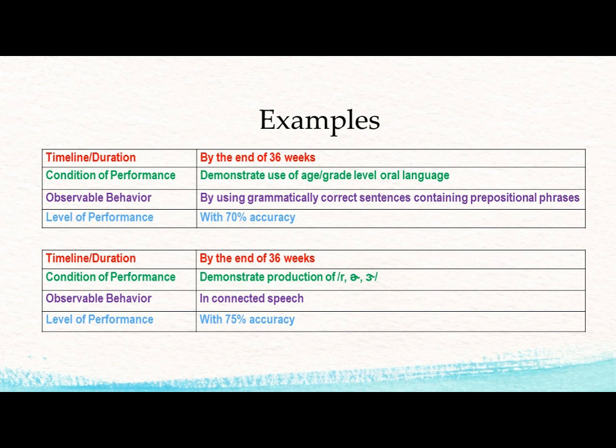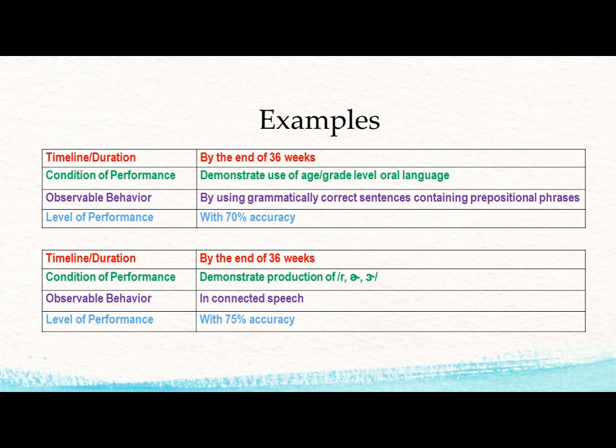By the end of 36 weeks, the student will demonstrate use of age or grade level oral language by using grammatically correct sentences containing prepositional phrases with 70% accuracy. So you can see in this example, each of the components of a SMART goal are included.